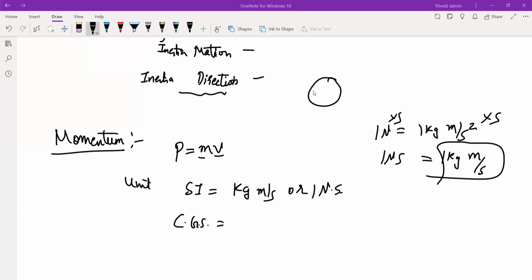Gram centimeter per second. Okay, or dyne second. Yes, not dyne per second, dyne second.